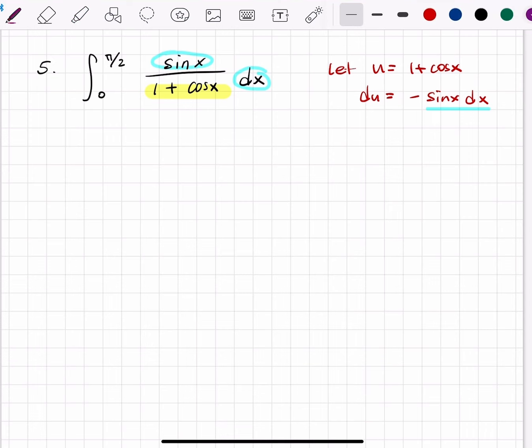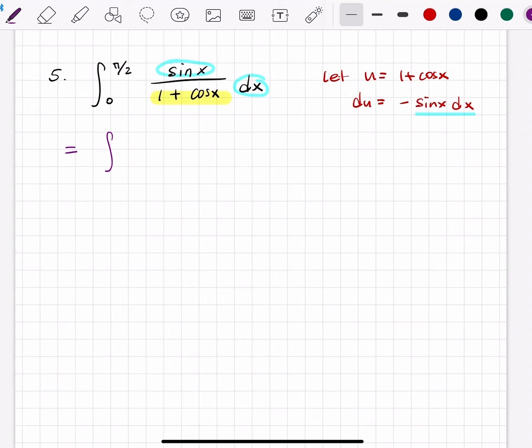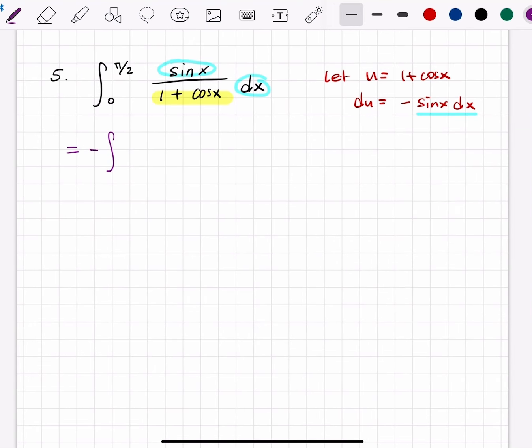So we can rewrite the problem as negative, I can put a negative in front, du over u, or if you prefer, 1 over u du.